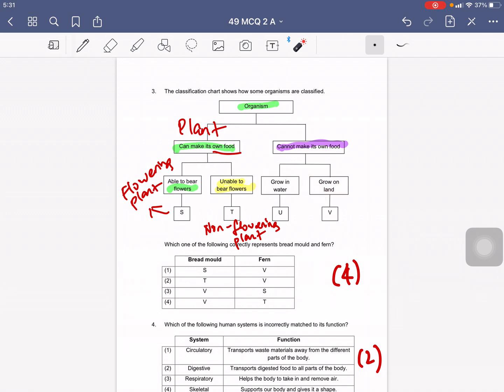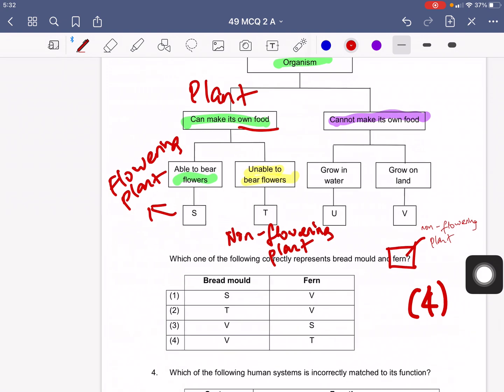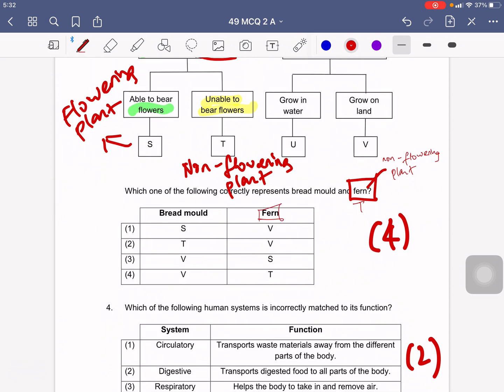So first, let's take a look. Which one of the following correctly represents the bread mold and fern? I'm interested in this fern because I know it is a non-flowering plant. That means fern must be T. If you look at the options, fern is T in only one of them, so the answer must be 4.